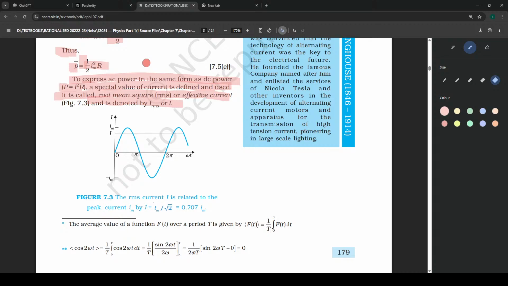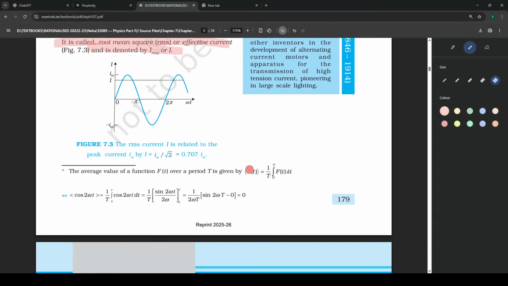This IRMS is the effective current. Effective current means that for an AC current, the equivalent value of DC current is called the IRMS value. It is the effective current in terms of DC current.